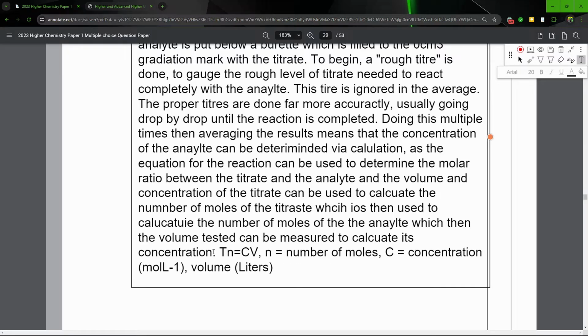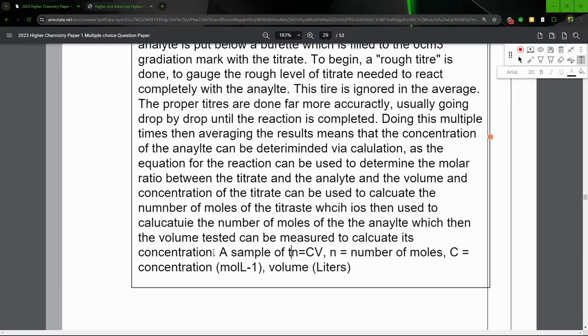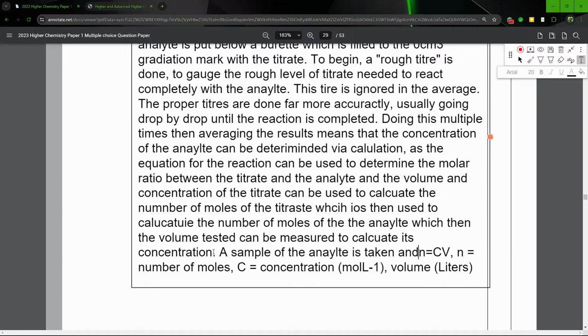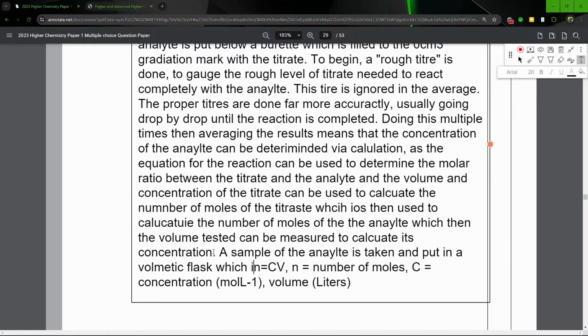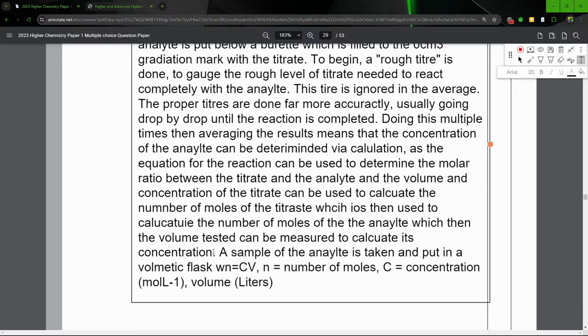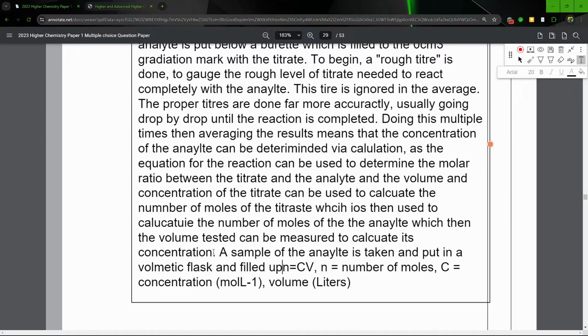Yeah, I'll say a sample of the analyte is taken and put in a volumetric flask, and is then filled up to the graduation line.